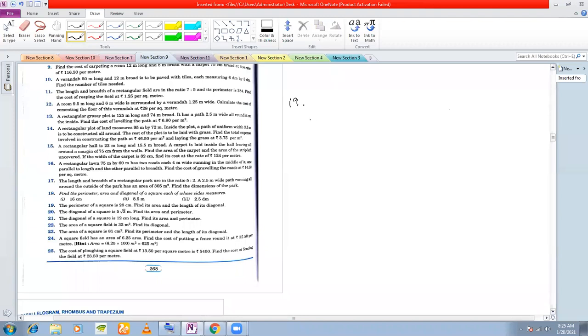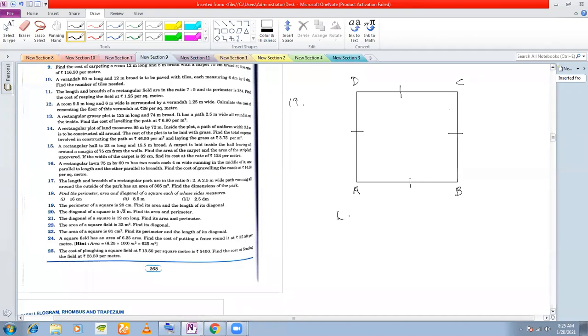The perimeter of a square is 28 centimeters. Find the area and length of the diagonal. This is just the same. The perimeter of the square is given to you. Okay.